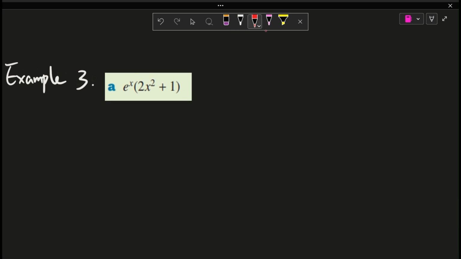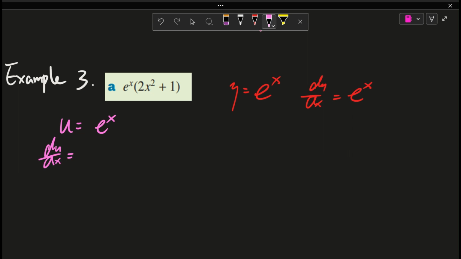Example 3. So now we got e^x. If you remember, y equal to e^x, and then dy/dx equal to e to the power x. So we learned this one previously. Okay, then how about u equal to e^x, du/dx equal to e^x, and v equal to 2x squared plus 1, and dv/dx equal to 4x.